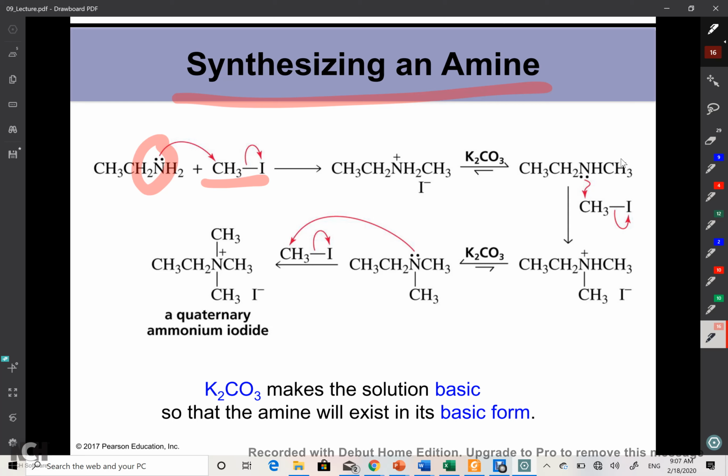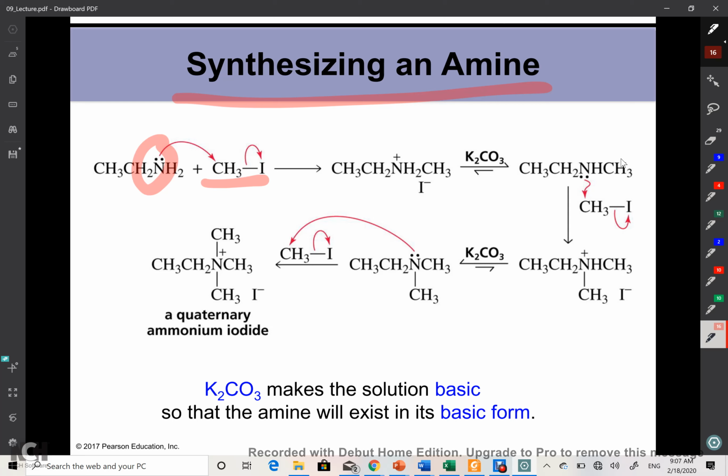And you can repeat that process as much as you can, until the nucleophile is finished. So this is the same process all over. The amine comes in and replaces the iodine, and you have the first product.